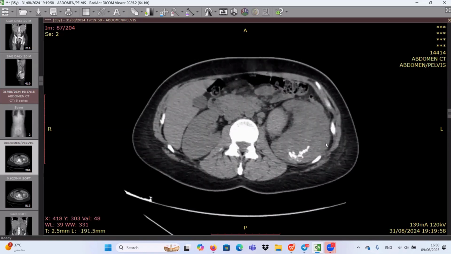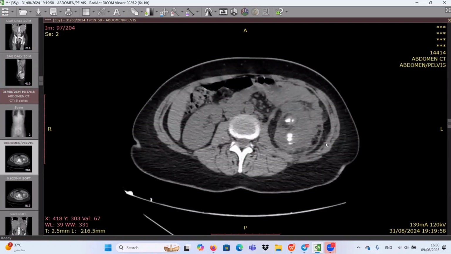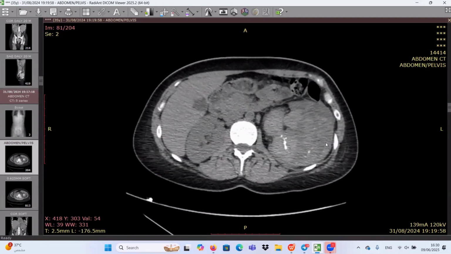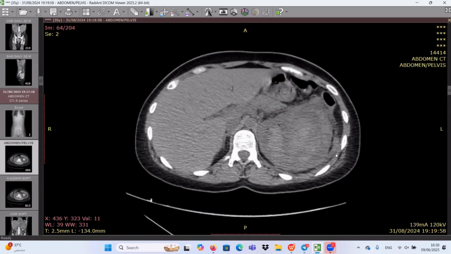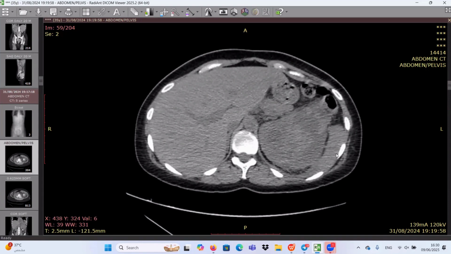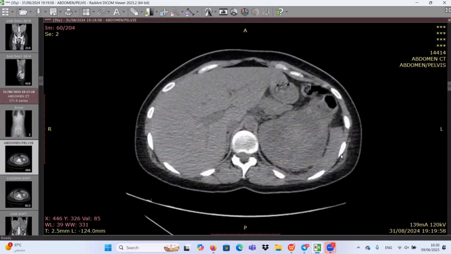This is an unenhanced CT study of the abdomen, axial sections, in which I can see marked enlargement of the left kidney.